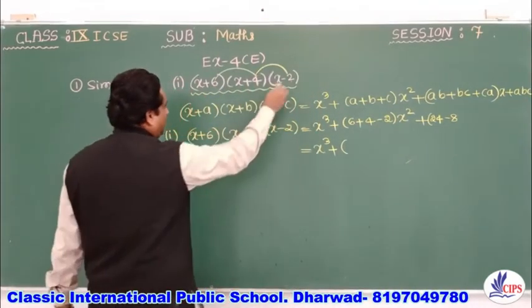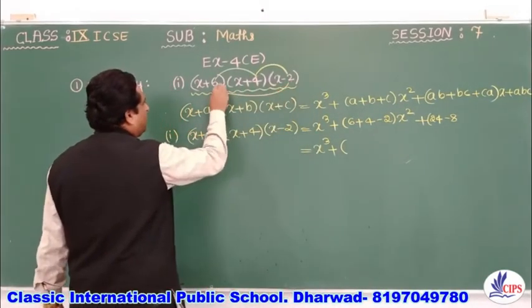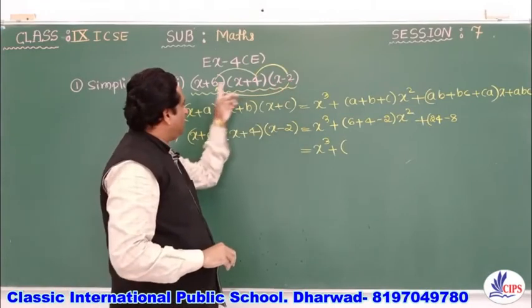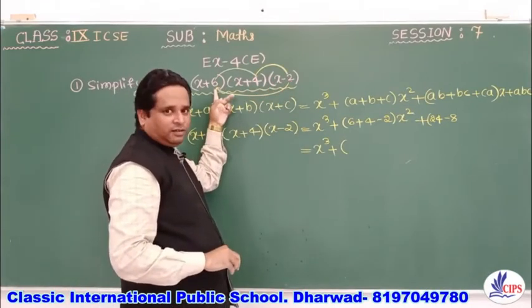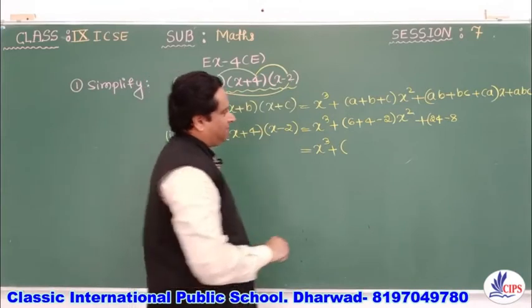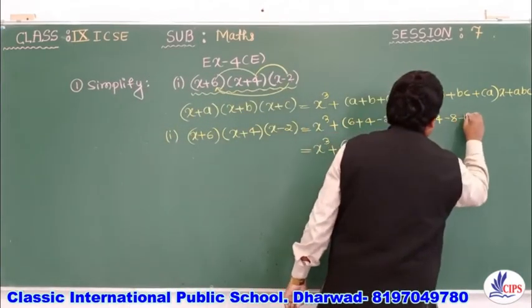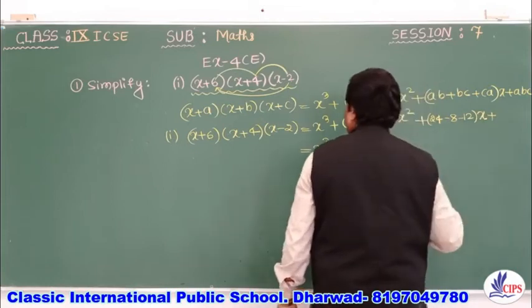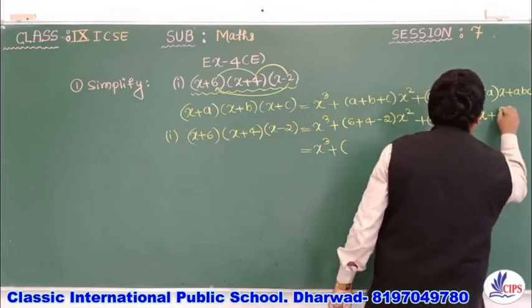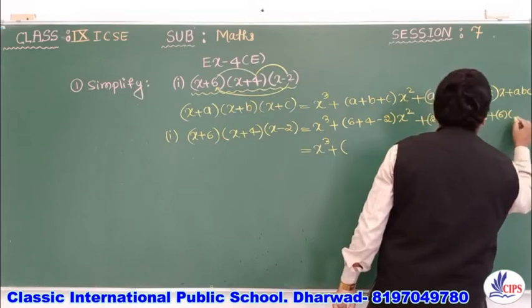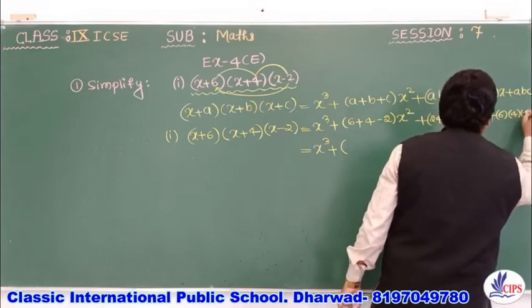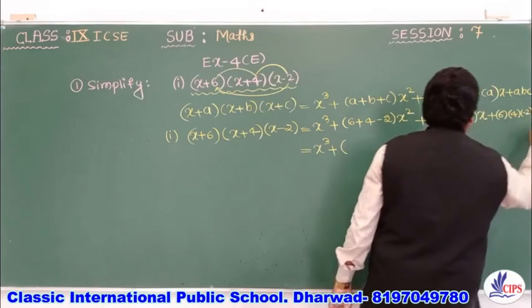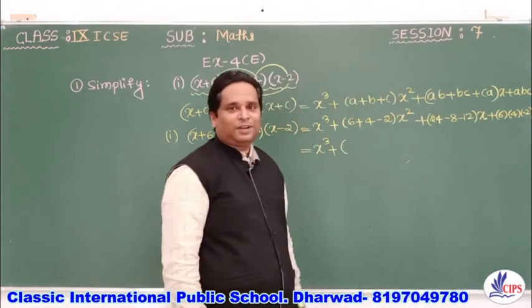Then ca. ca means minus 2 into 6. Minus 2 into 6 how much? Minus 12. Minus 12 into x plus abc. a is 6, b is 4, c is minus 2. Okay?